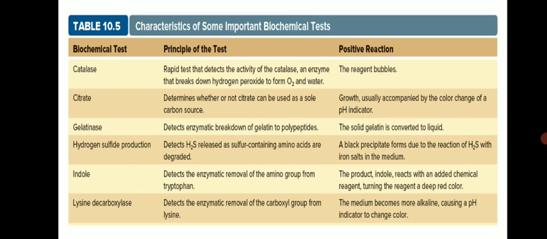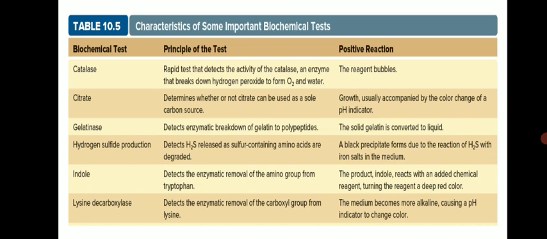Catalase is an enzyme produced by some of the microbes, and citrate is utilized by some of the microbes. Not all microbes utilize citrate. Gelatinase is a hydrolytic enzyme that liquefies gelatin. Hydrogen sulfide test detects H2S release as sulfur-containing amino acids are degraded.